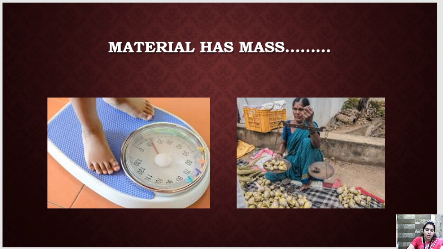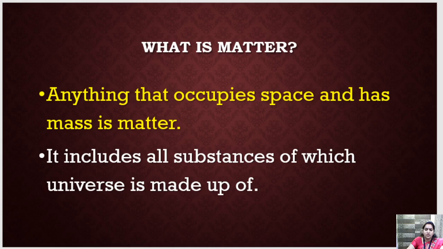Okay? So now why we are talking about this is, anything that occupies a space and has mass is called matter. Anything that occupies a space and has mass is called matter. Everything in this universe is a matter. Everything that is existing on this universe is a matter.